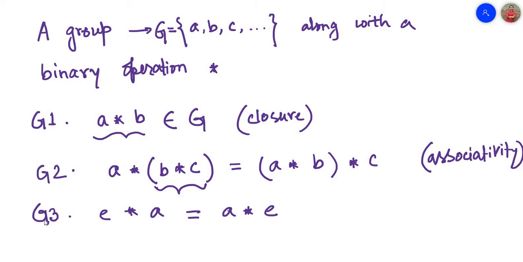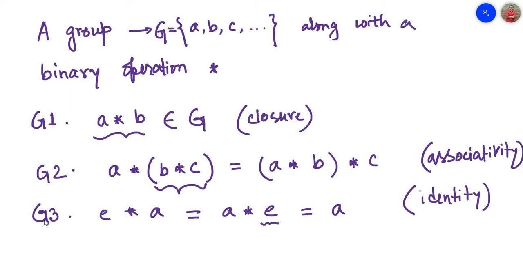So E star A is the same as A star E, and this altogether simply means the element A. This is like the behavior of the number 1 under multiplication. And so keeping up with the analogy, we will call this element E the identity element of this set or of this group, and we call this postulate the existence of identity.